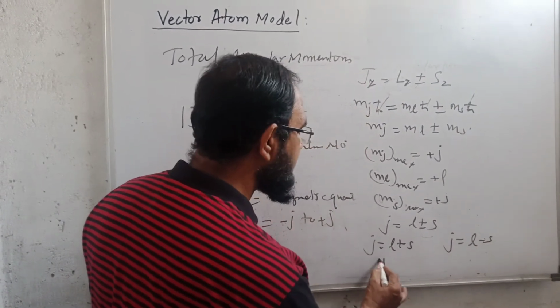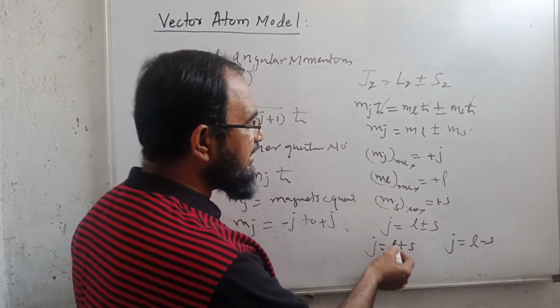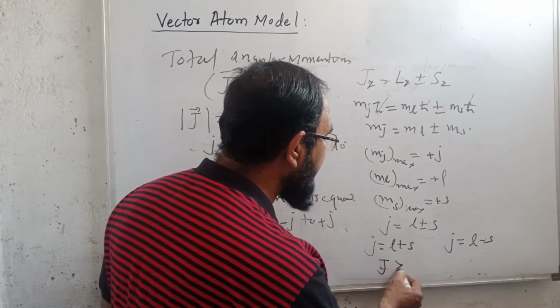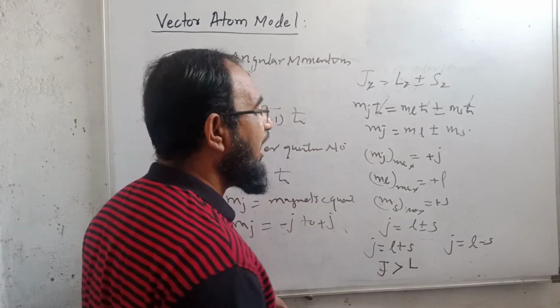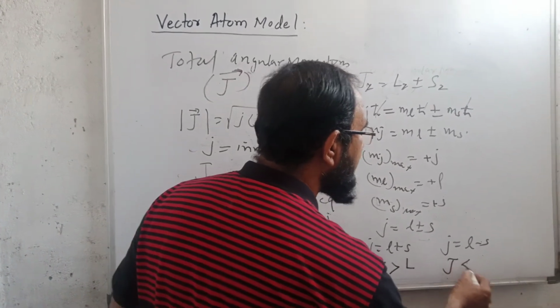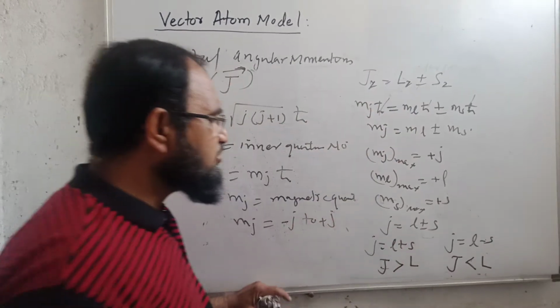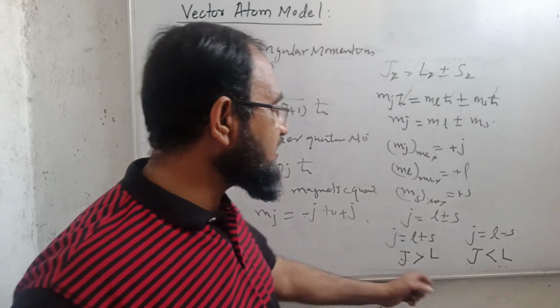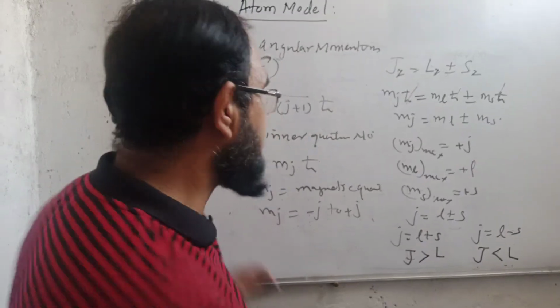Here l is 0, 1, 2, 3 and so on, and s is half. It means that in one case vector j will be greater than l, and in the other case j will be less than l. So we can draw the vectors in these two cases.